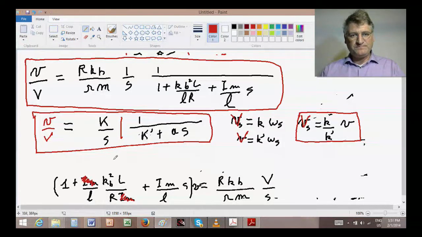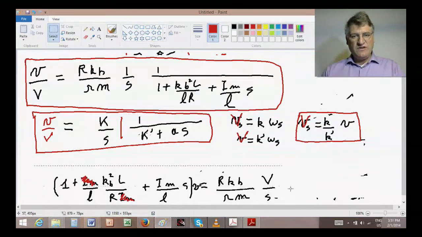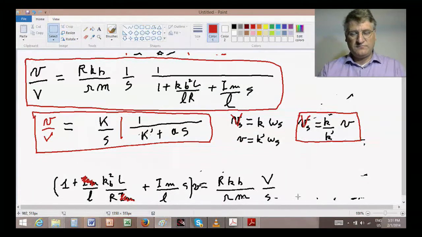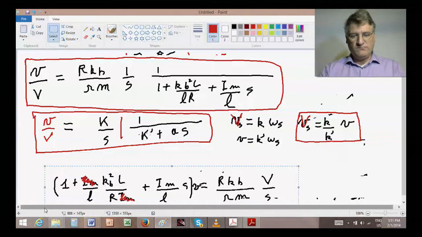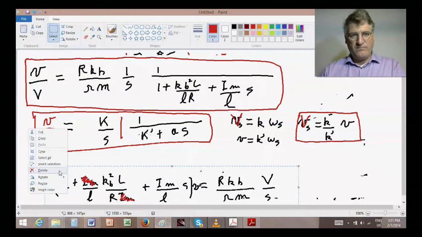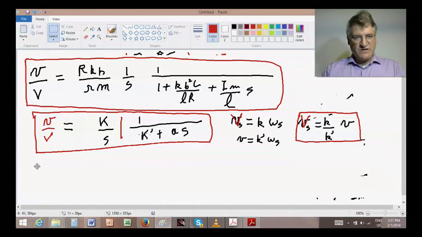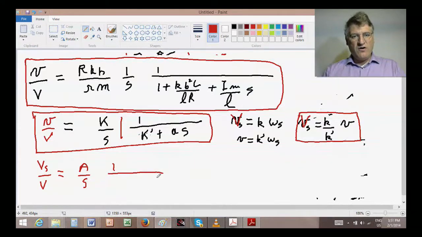And write that the general expression will be for V, the output voltage, equal to the output voltage Vs over V will be a constant A over S times 1 over, let's change notation and call it B plus Cs.